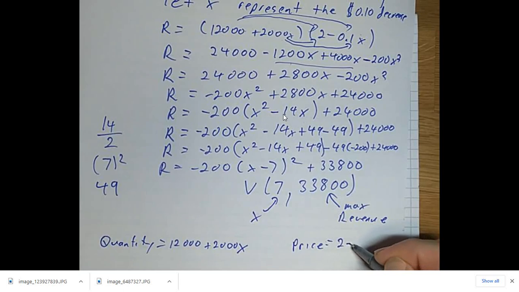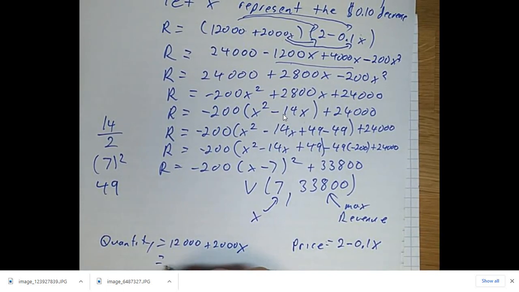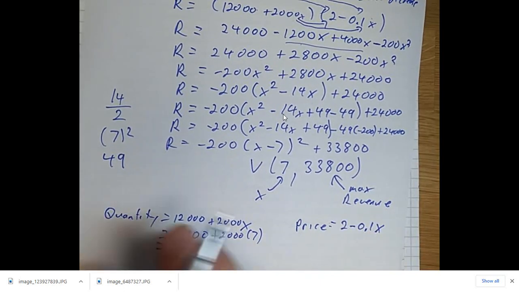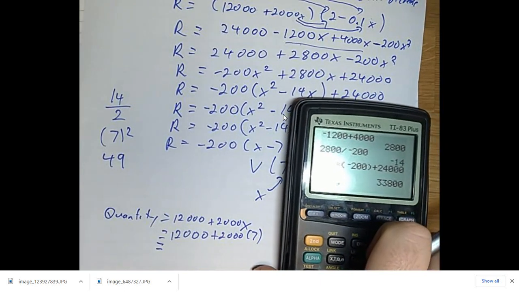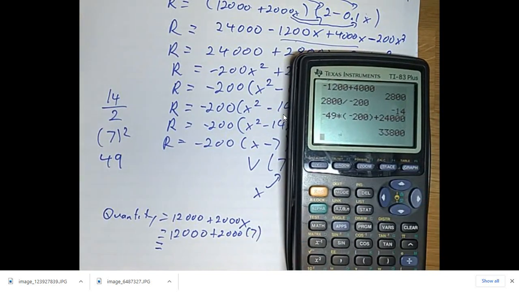It's 2 minus 0.1x. So let's find our quantity. 12,000 plus 2,000 times 7. And we're going to just work that out on my calculator here. Our quantity is 26,000.